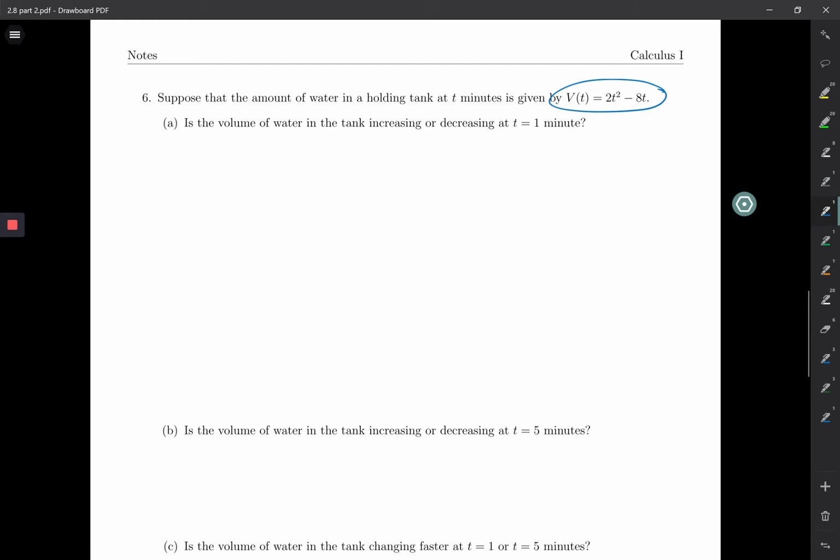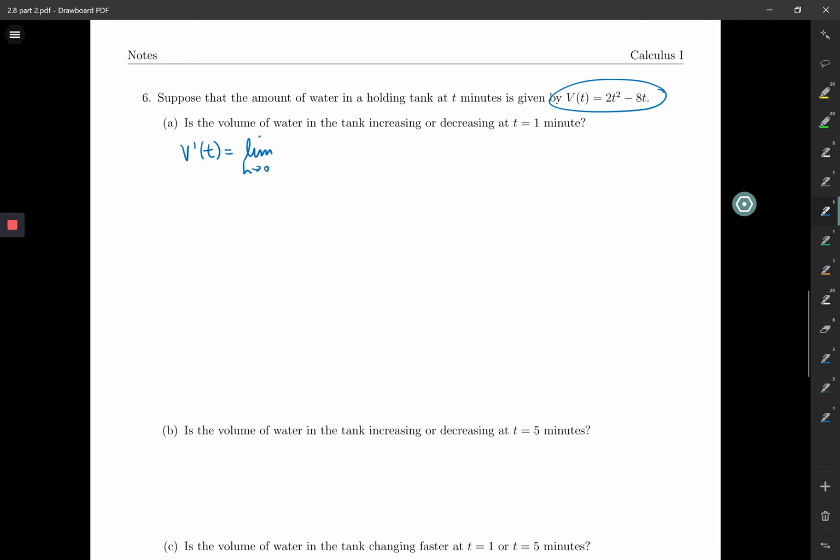Notice that our independent variable is time, measured in minutes. So what we want to do is first compute the derivative, and then the value of the derivative will tell us whether the volume is increasing or decreasing. So we just use our formula that we've been using for computing derivatives.